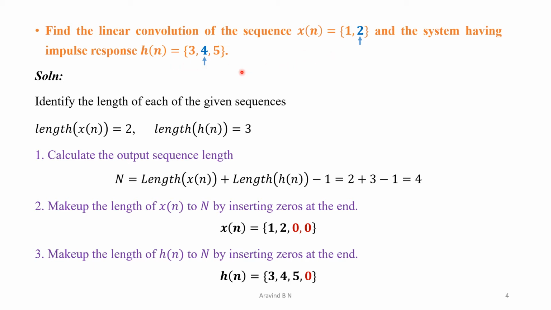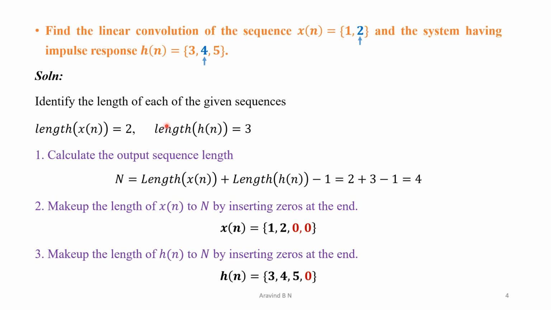So in each of these two sequences origin is mentioned. So throughout the process of calculation we are not going to consider the origin for any criteria. Only once we have got the output sequence, that is final y of m, there in order to mention the origin we are going to consider the positions. Let us go through the solution.